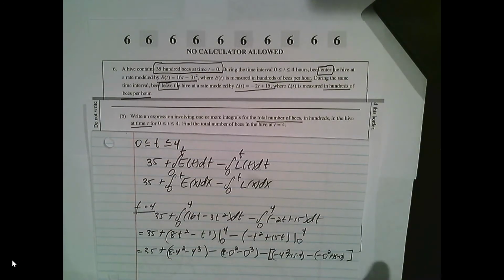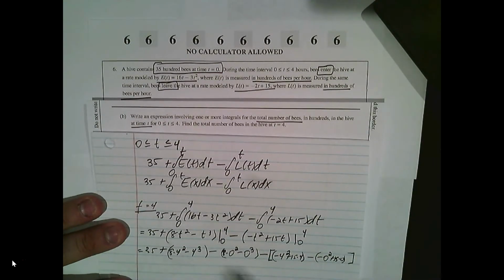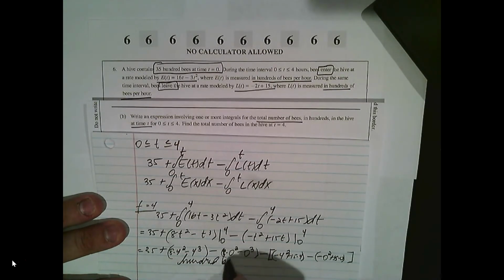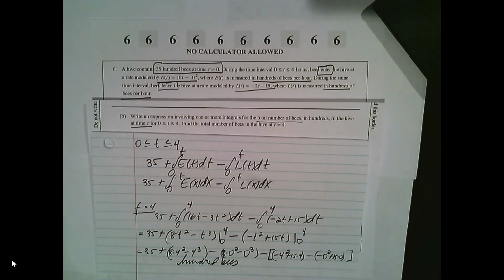And there is no way I am going to simplify this on the calculator inactive part of the test. What I will do though is add on the tag that whatever this number is, that's hundreds of bees.